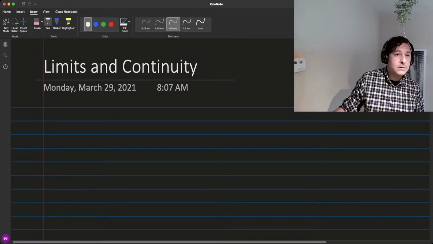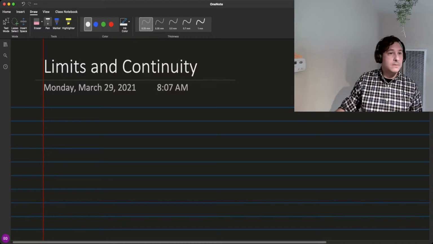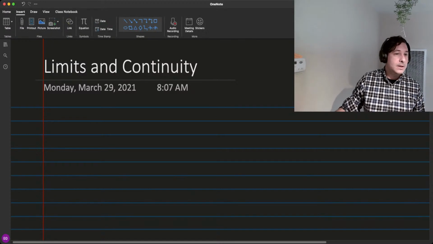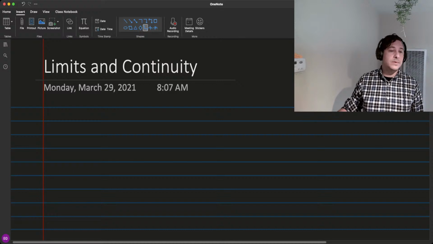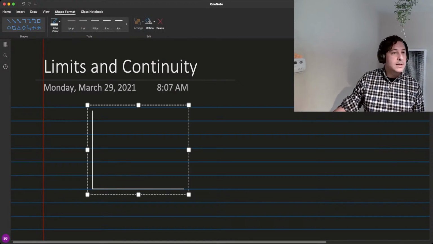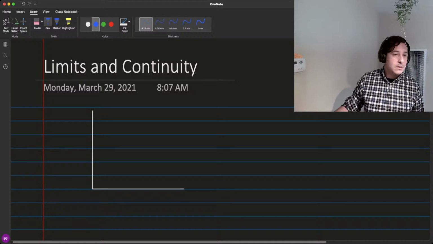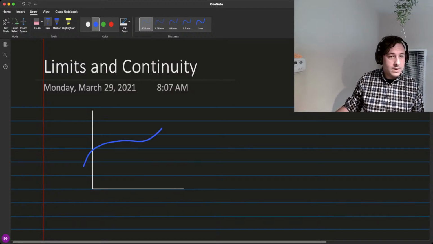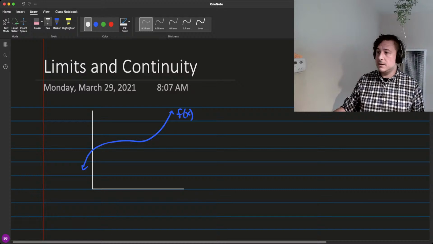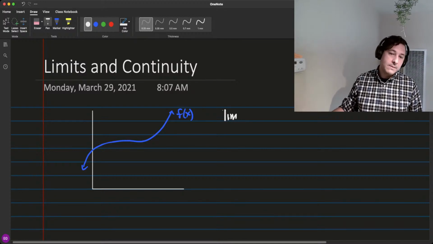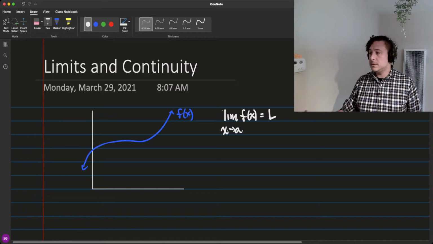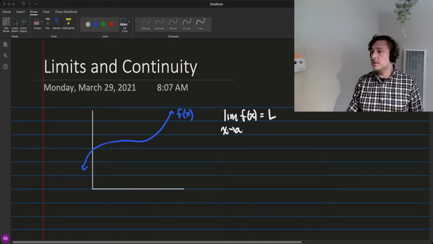I want to remind you, first of all, about limits, the way we learned about them in 101A. So let's draw a little picture here. I'm going to put in an x and a y axis. Let's put in our function f of x. Now when you do limits, you talk about the limit as x approaches a of f of x equals L. I hear cop sirens.